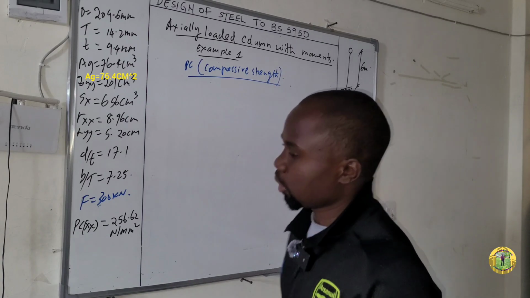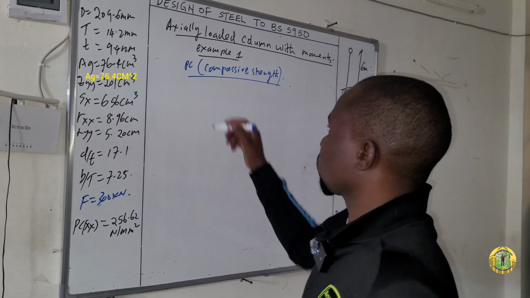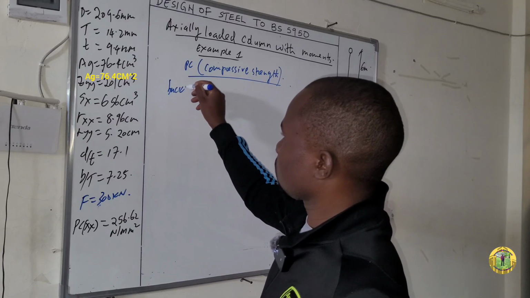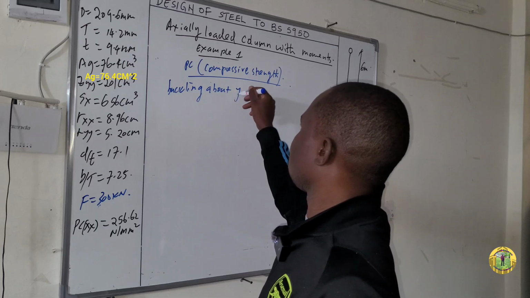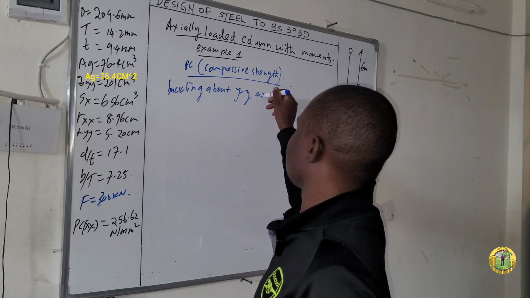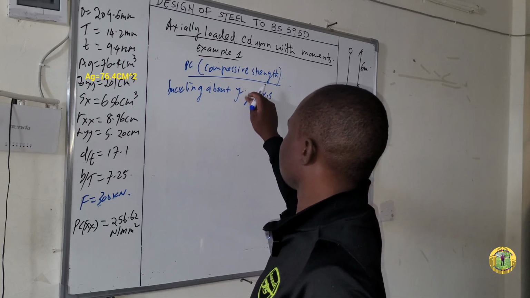So we will repeat the same procedure for the YY axis. So buckling about YY axis.